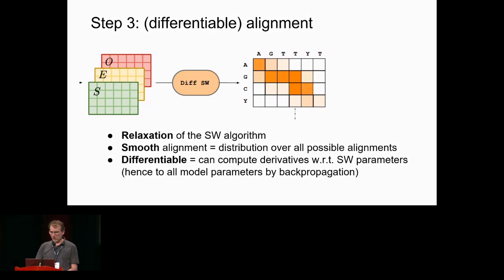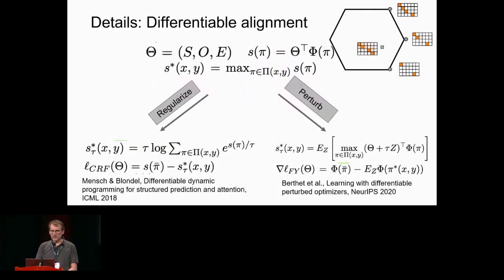If you want to know more about how this is done, I won't have time to detail it here. I'm happy to discuss and take questions later. But suffice it to say, for those of you who are in this field, that there are basically 2 ways that we explored. One is to replace some max operations by softmax operations. Remember that in Smith-Waterman, you have a max of 3 things.